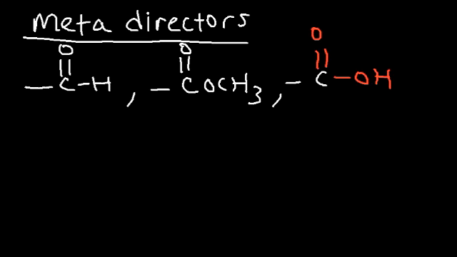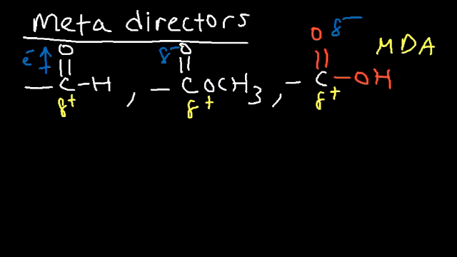In each of these cases, notice that the first atom, the carbon atom, has a partial positive charge, because each and every one of them is attached to very electronegative atoms like this carbonyl group, which withdraws electron density away from the carbon, making it partially positive. And the oxygen is partially negative. So these are the moderately deactivating groups. I'm going to write MDA for moderately deactivating.